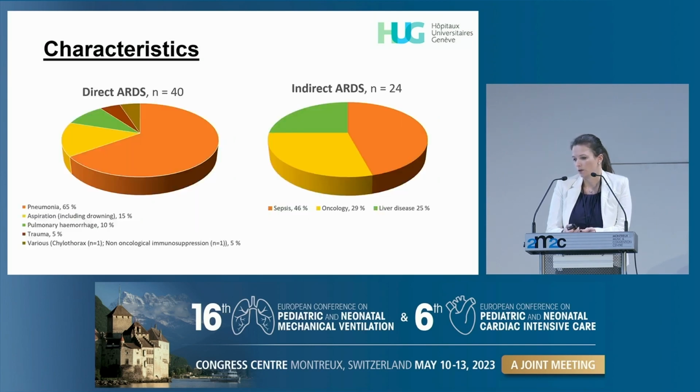And here you see the distribution of etiology of the direct ARDS. As I said before, it's mainly pneumonia, aspiration, pulmonary hemorrhage, and so on, compared to indirect ARDS, which is related to sepsis, oncology, and 24% of patients had liver disease.